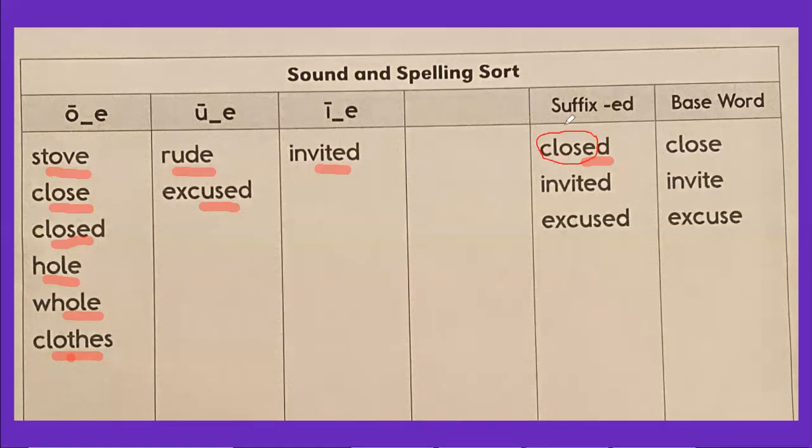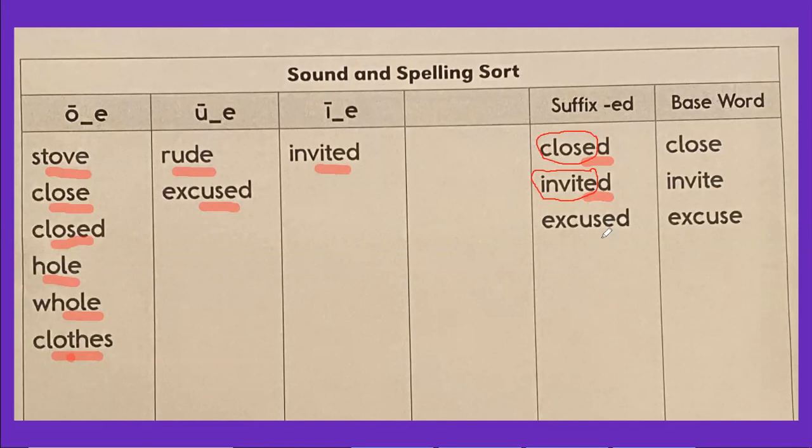The next one with the suffix ed is invited. So there's an ed added right here at the end. And the base word would be invite. You don't have to circle these on your paper unless it helps you. But this is just to show you the base word, invite. I know that it already has an E in it, but we're going to go over that rule today. The last word is excused.